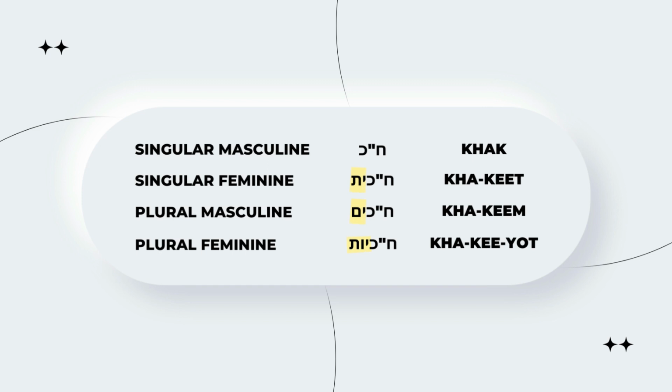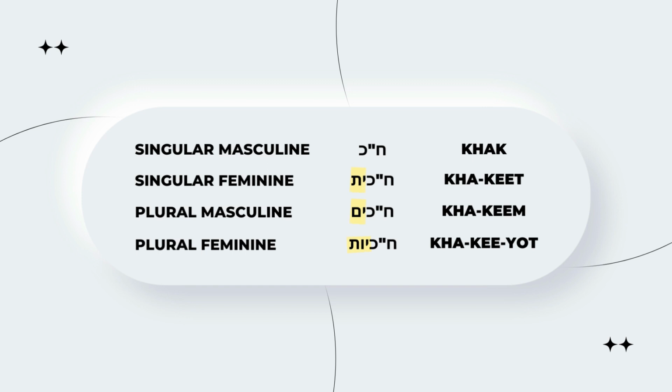We said that chak is the abbreviated singular form for Chaver Knesset, member of the Israeli parliament, the Knesset. In plural masculine form, members of the Knesset who are male would be chakim. The gershayim sign stays put in the same place as it was in the singular form of the word, and the yod mem sufit suffix for plural masculine is added after.